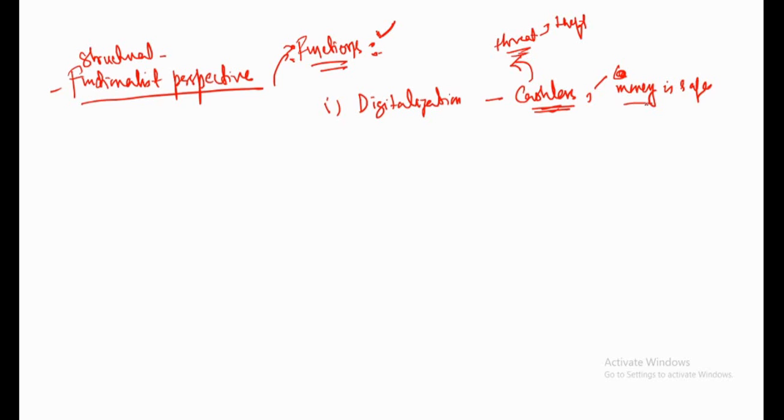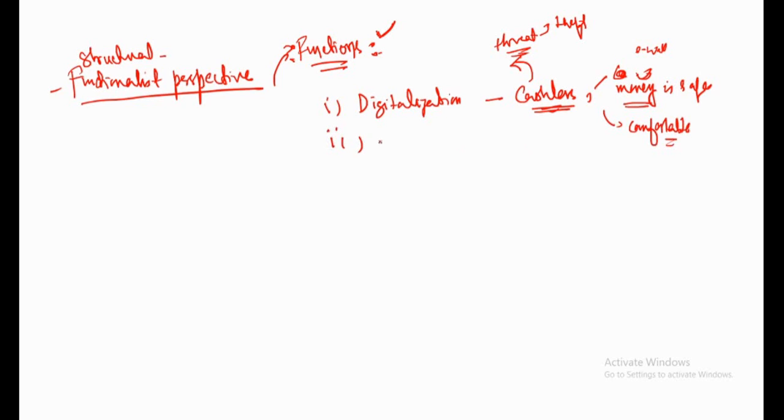But when the money is deposited in banks and comes in the form of e-wallets, then it's safe, and it's also comfortable because people will not have to go to banks. So this is one of the functions.